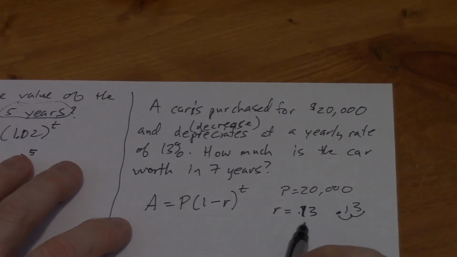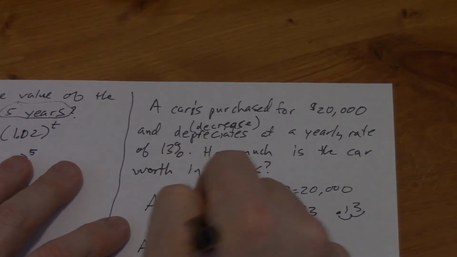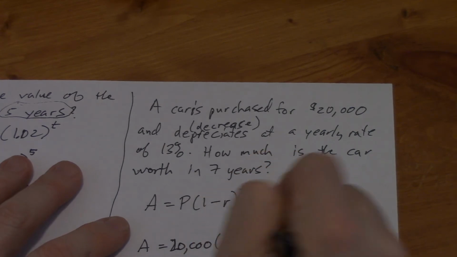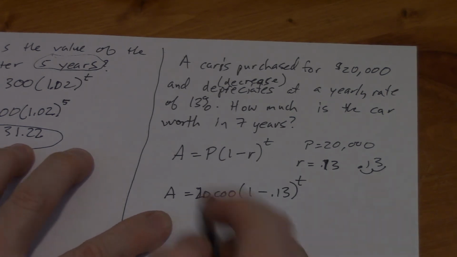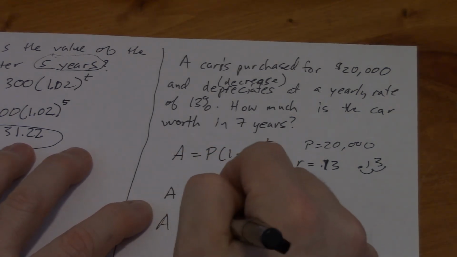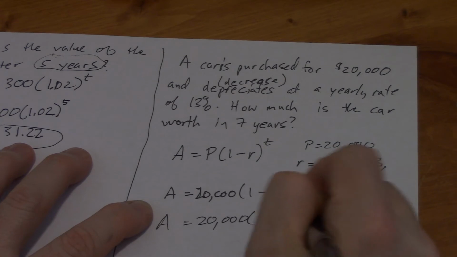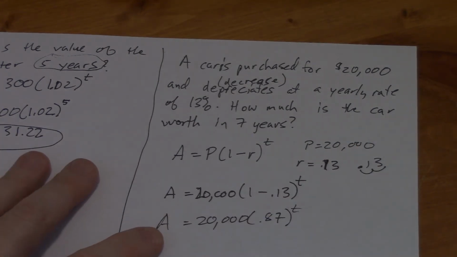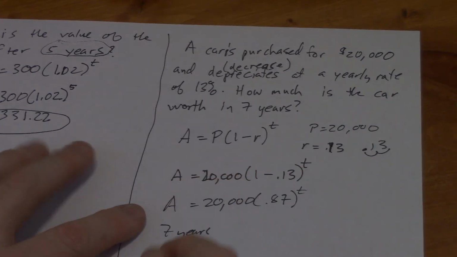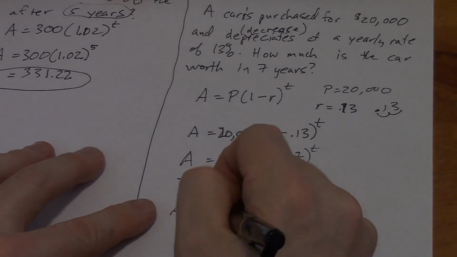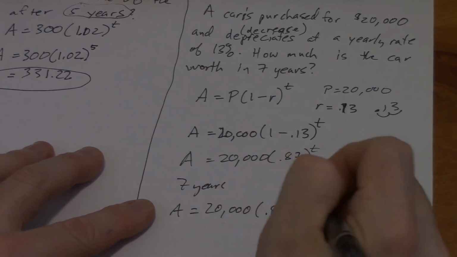T is eventually going to be 7, but for the moment, let's say A equals 20,000 times (1 minus 0.13) to the T. Okay, so that's our function for how much the car is worth at any time T, and we want to simplify that just a little bit. So 1 minus 0.13 is 0.87. Okay, so this is how much our car is worth at any time T, and 7 years later, we're going to have A equals 20,000 times 0.87 to the 7.